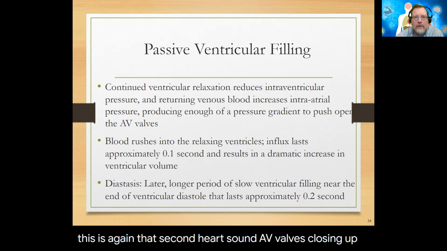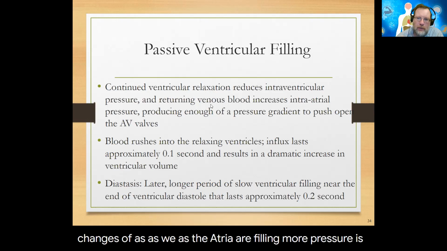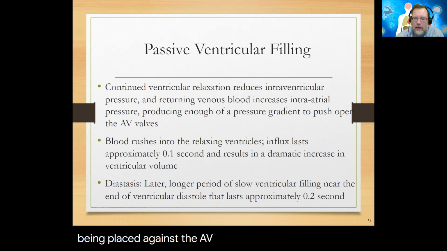Then there's continued relaxation and continued pressure changes. As the atria are filling, more pressure is placed against the AV valves, and at that point the valves open, like a trap door.